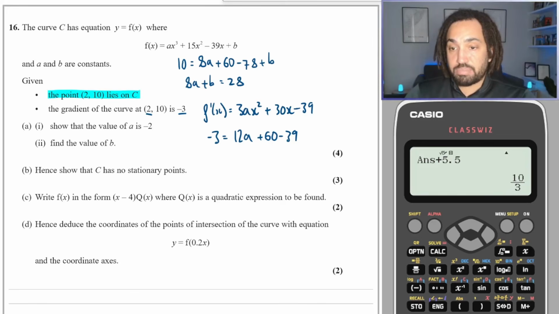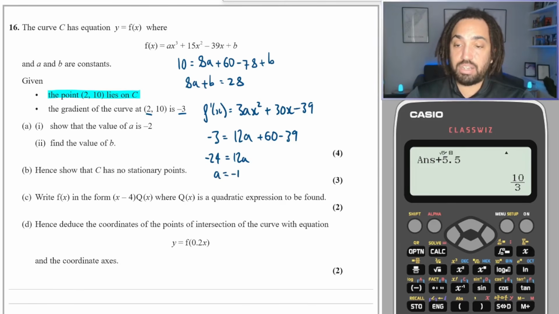Okay, so that's plus 21, minus it to that side gives you minus 24 is equal to 12a, so a is equal to minus 2. Okay, like we had to show. Minus 2, perfect.